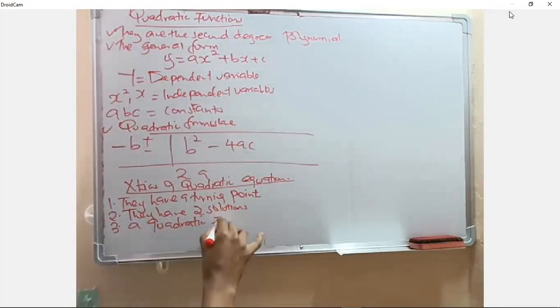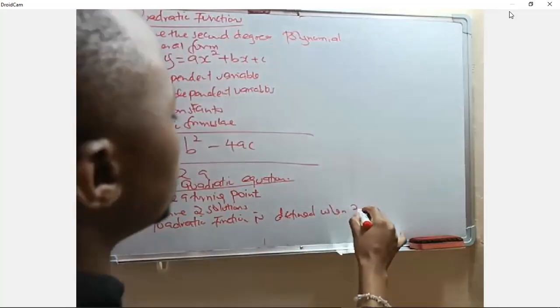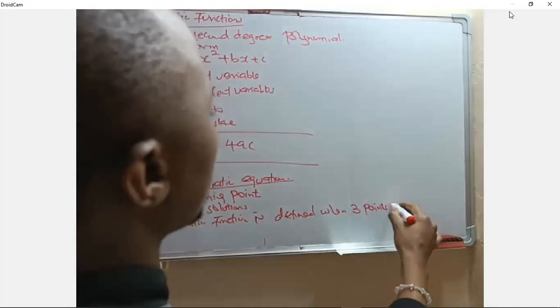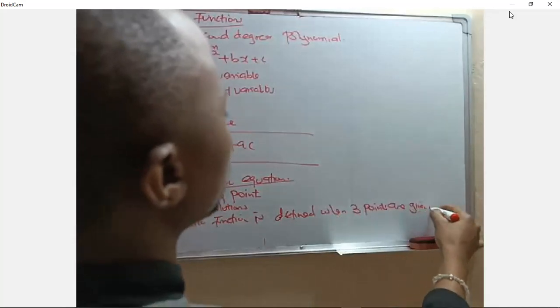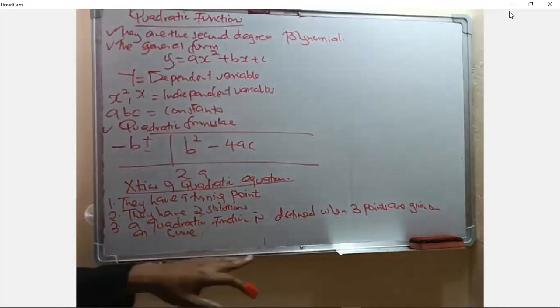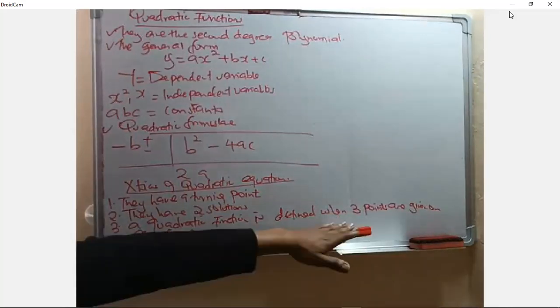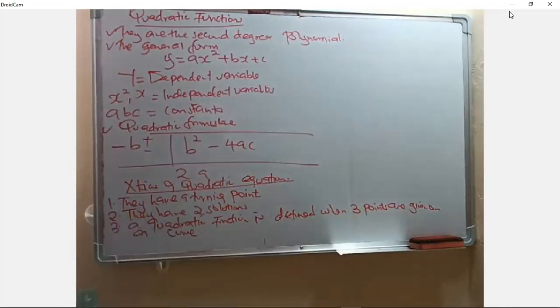Number three, a quadratic function is defined when 3 points are given on a curve. This point is very important. When I see a question has already given us, like the question in April 2022, 3 points on a curve, we are going to be using quadratic functions.